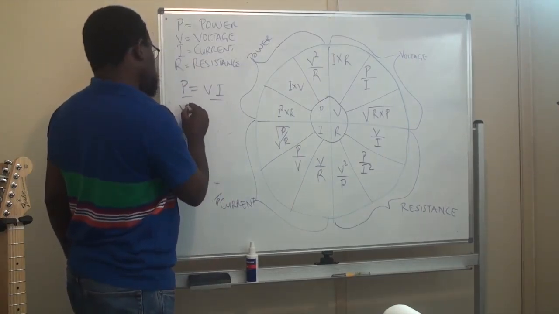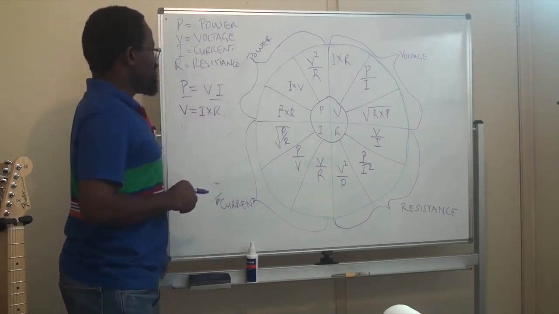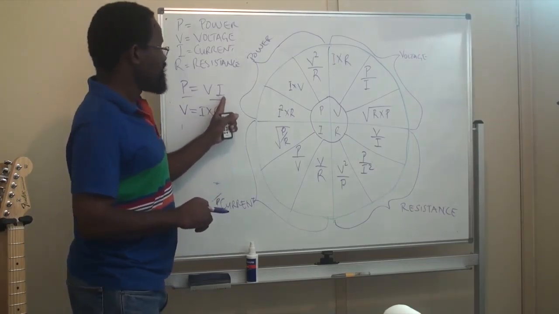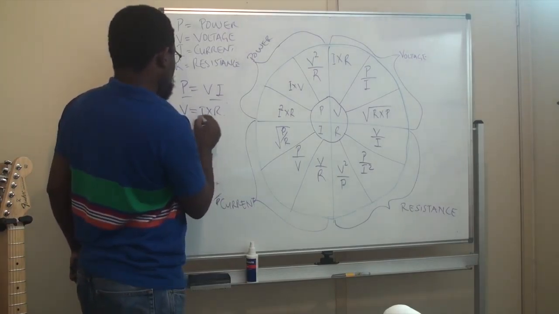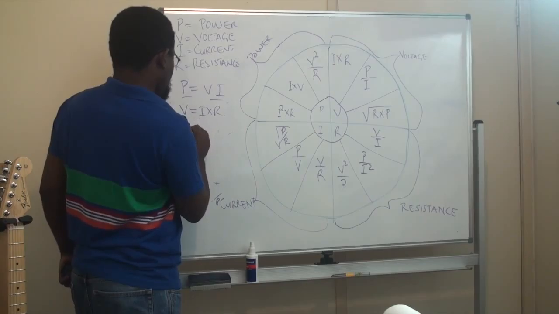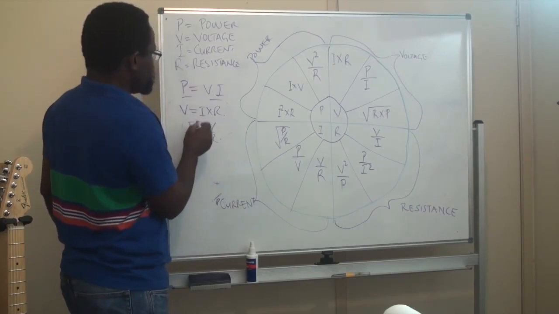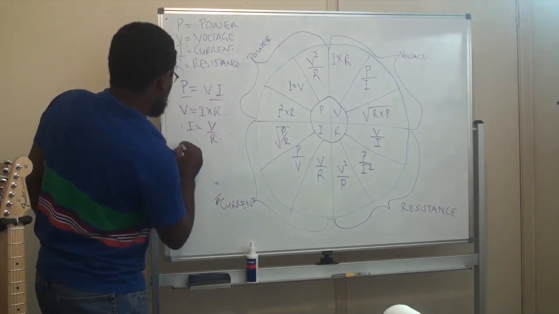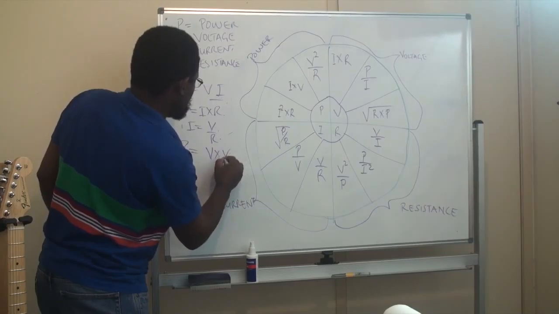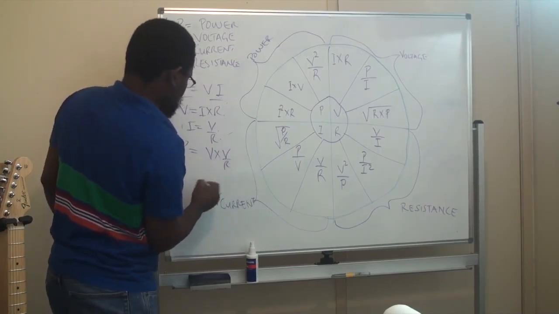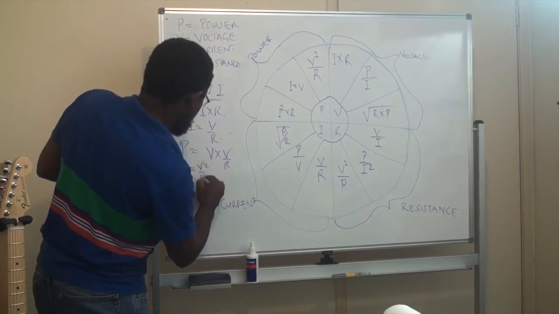We know that V is I times R. Now, we want to remove I from there, so we divide both sides by R, so that I is V over R. Now we substitute this I by that, so that power is equal to V times V over R, which is V squared over R. P is equal to V squared over R.